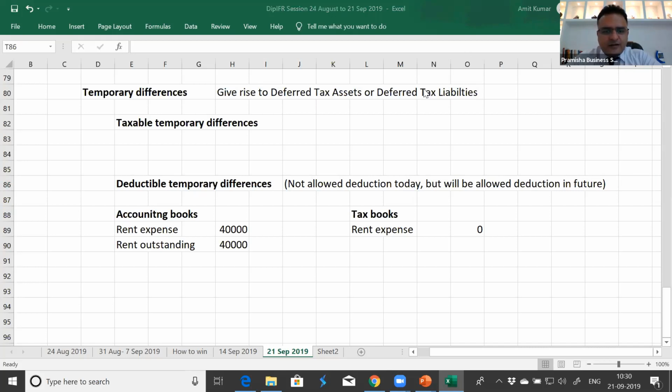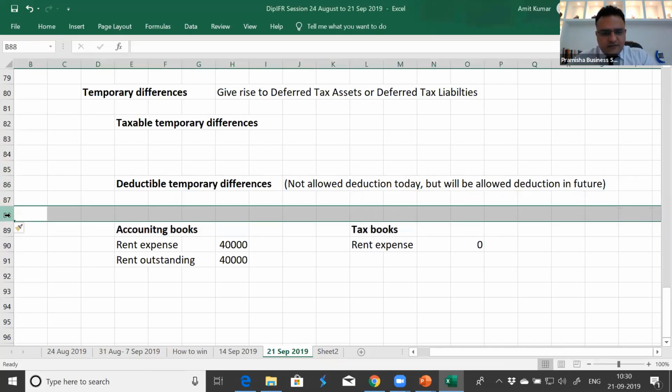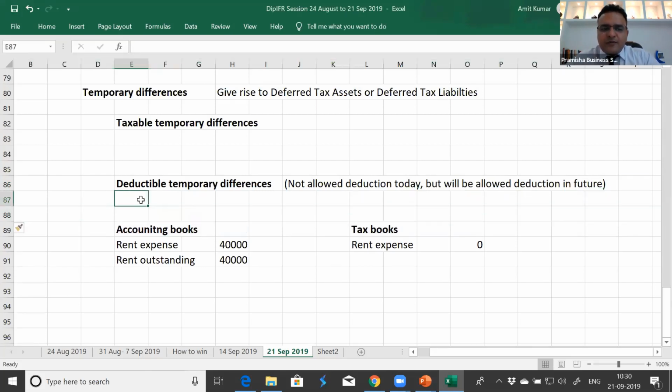Assets, perfect. Deductible temporary differences always give rise to deferred tax assets. Because we pay more taxes today and we'll be getting a relaxation in future.